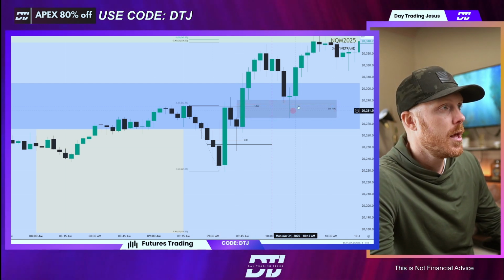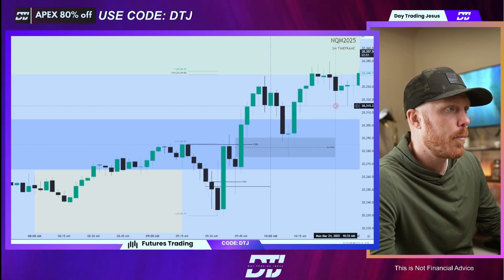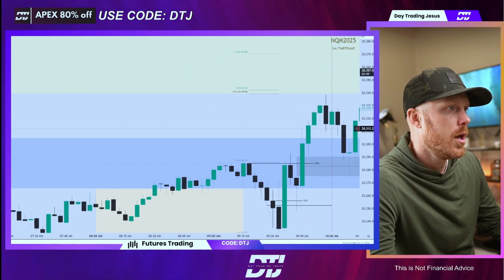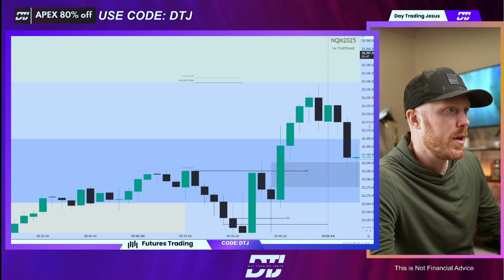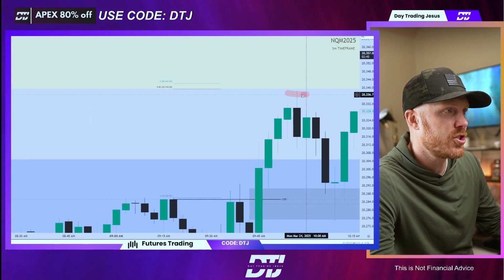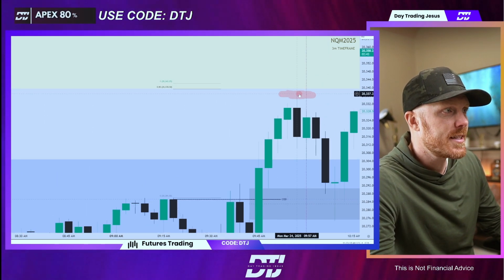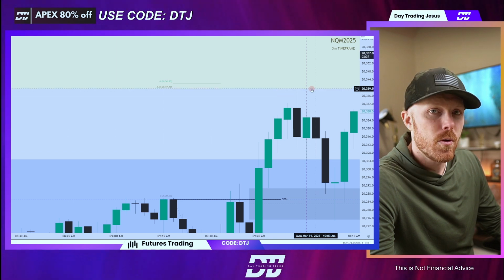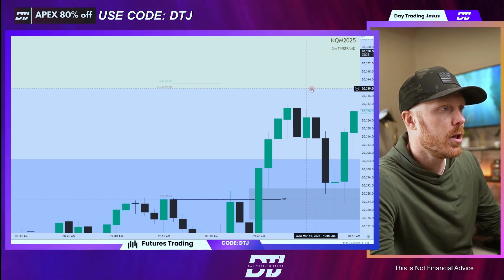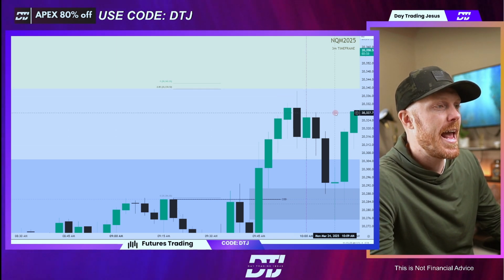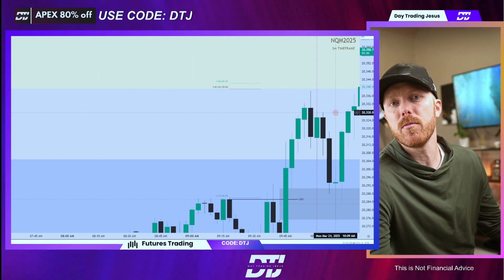Do we? The answer is yes. Look at what price does right before we hit that. Look where this candle stops. This candle stops literally 1 point below this volume imbalance and then decides to randomly run the other direction.